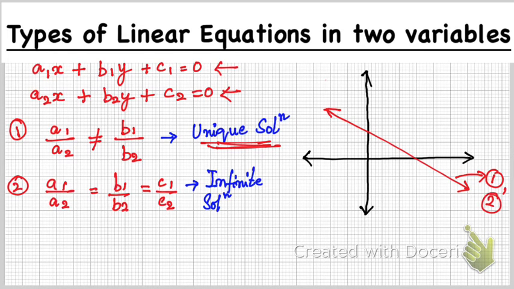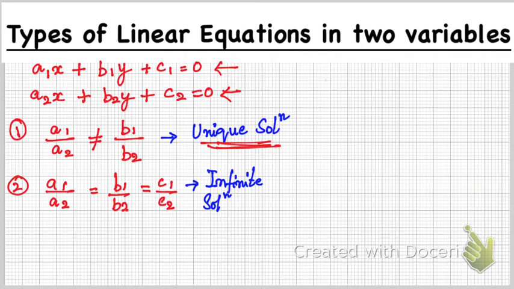There will be n number of points, n number of solutions. Any point on this line is overlapping, so you will have infinitely many solutions.